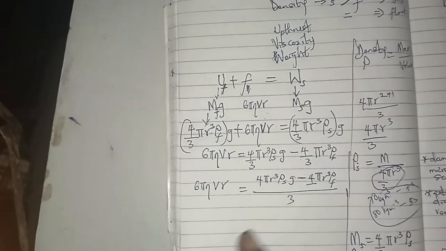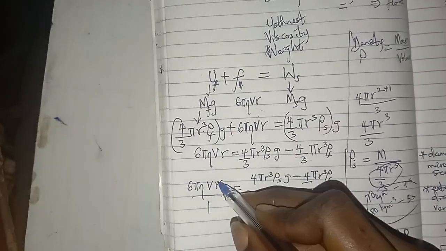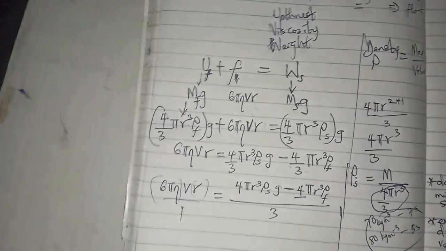Now, since I want to make V the subject of the formula, I cross multiply everything here so that it will cross over.